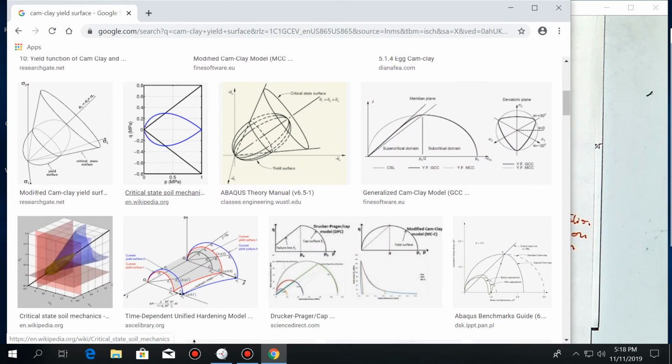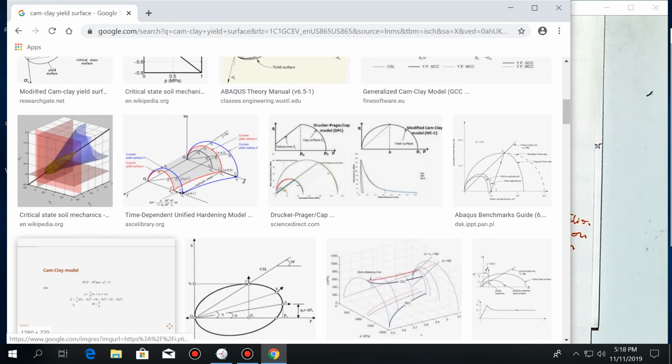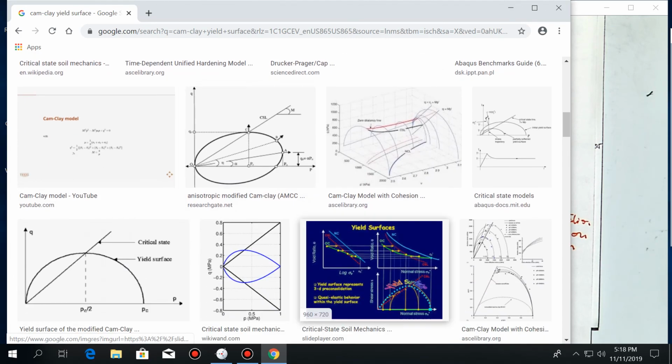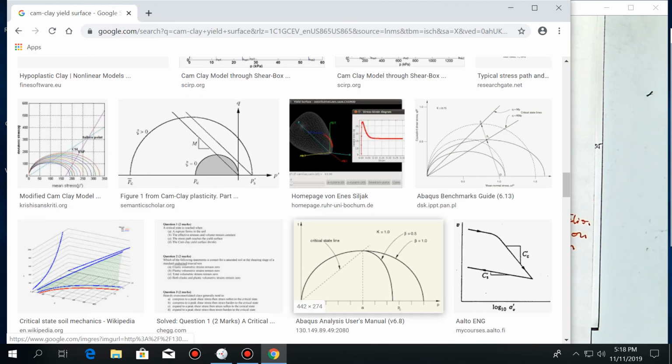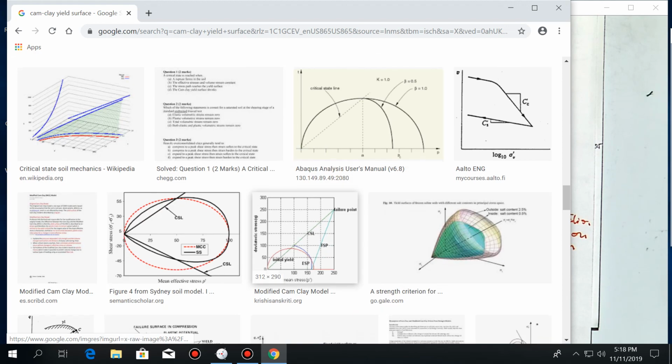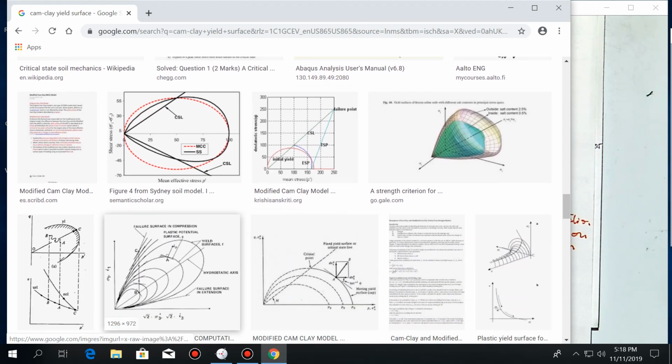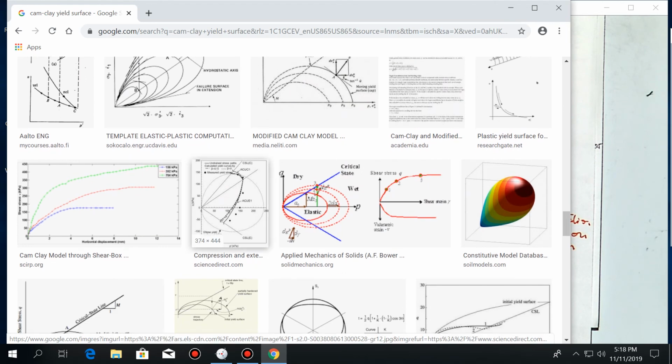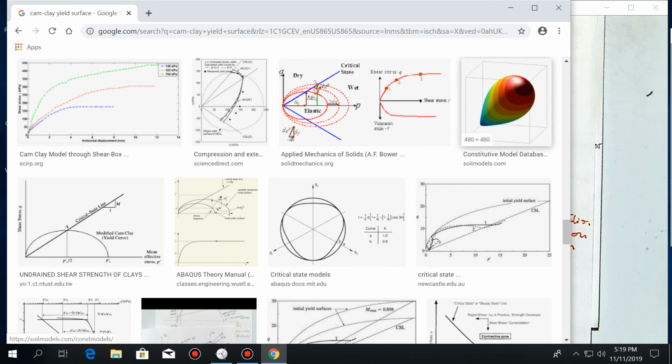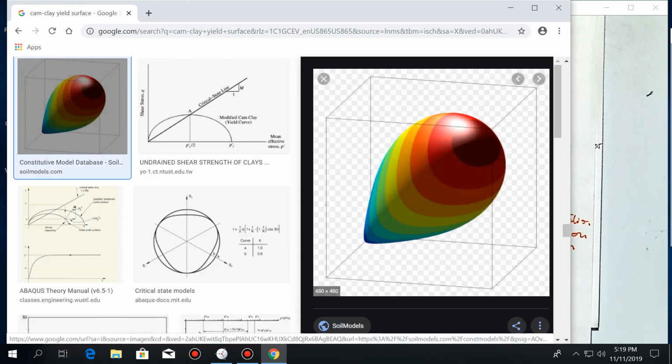Okay, so this is a surface we have been seeing, but I'd like to look at that in 3D. Well, it looks something like this, where this is the cap, this is the elliptical part, and this is the other part on the left of the diagram.